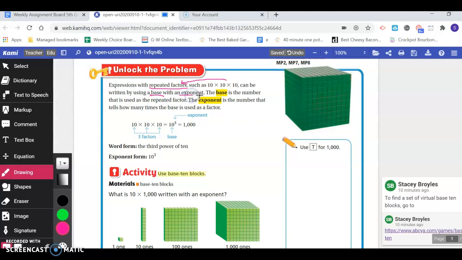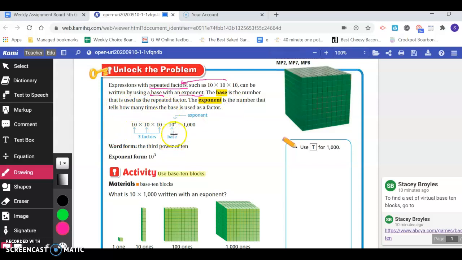Now these are the vocabulary words in this lesson. If you have a math book, these words are on flashcards in the vocabulary part of the math book. And you could even cut those words out like index cards and study them like that, or you could just read them, flip them back and forth. Okay, the base, it says, is the number that is used as the repeated factor.